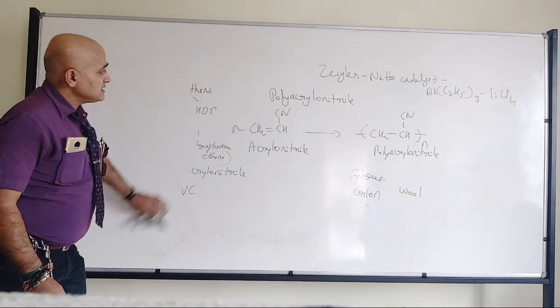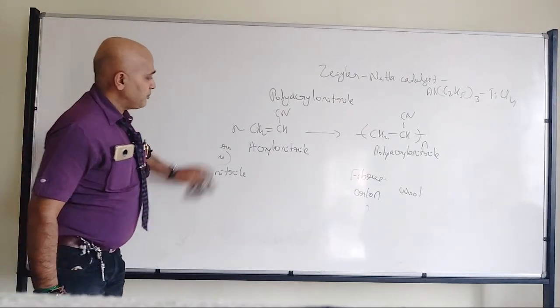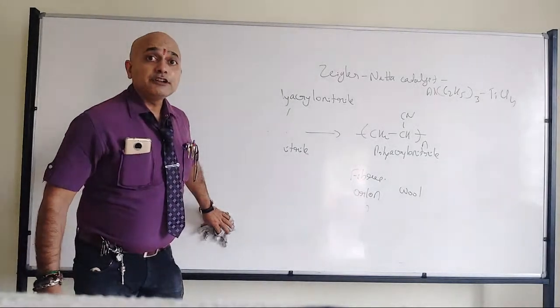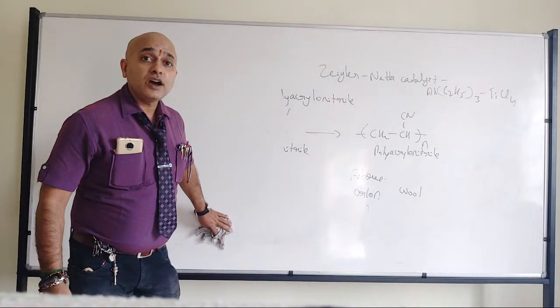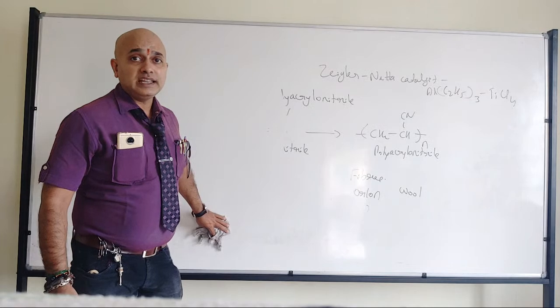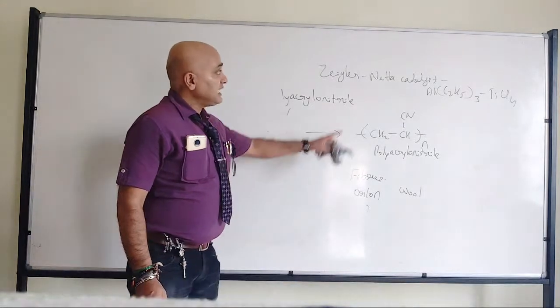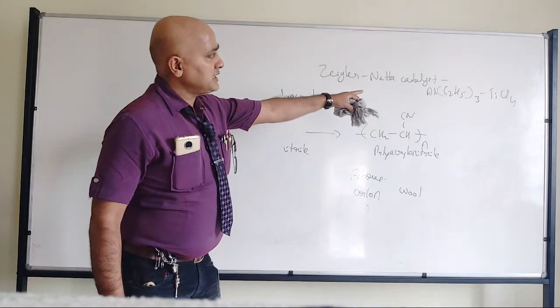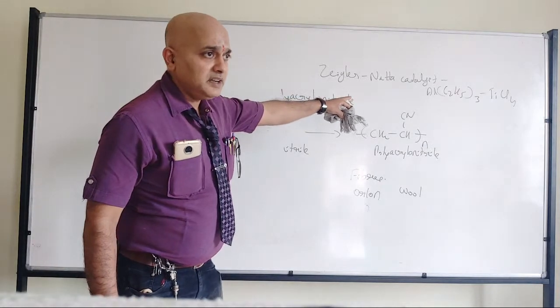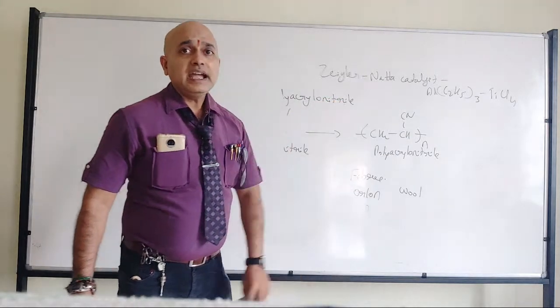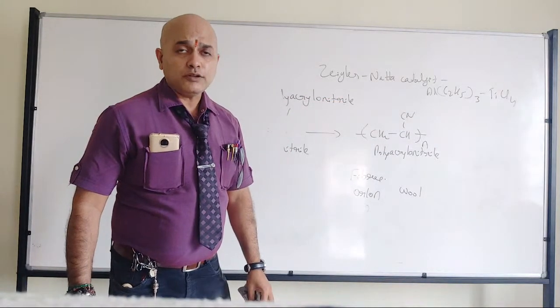Along with that, Ziegler-Natta catalyst is important. So Ziegler-Natta catalyst, where will it be utilized? It will be utilized during the synthesis of high density polyethylene, not LDP. Fine. So remember, make the correction. I think I have told zinc also, right? So remove the zinc, keep only triethyl aluminum and titanium tetrachloride. Fine.